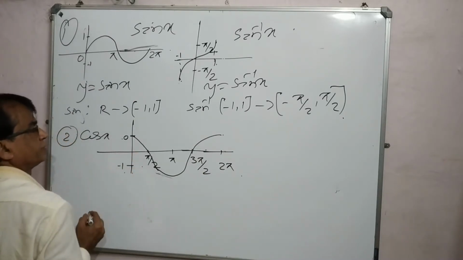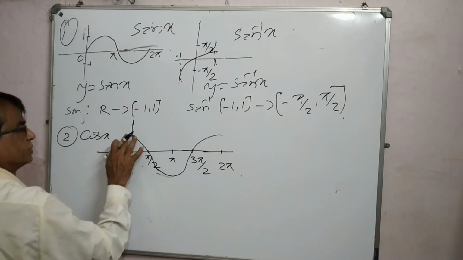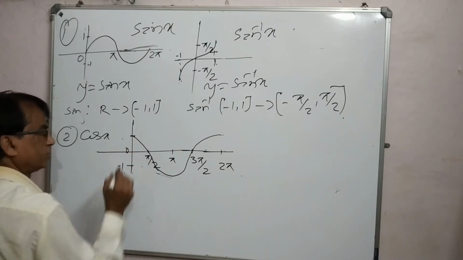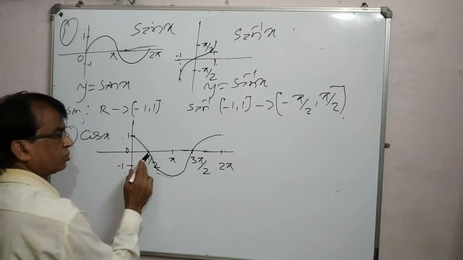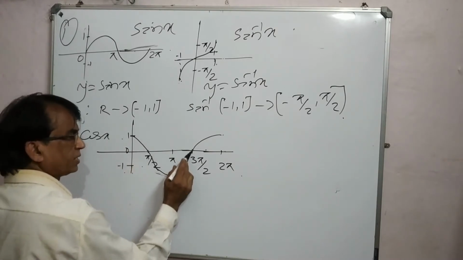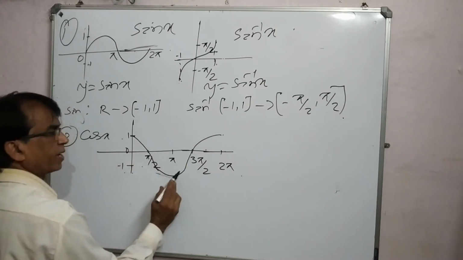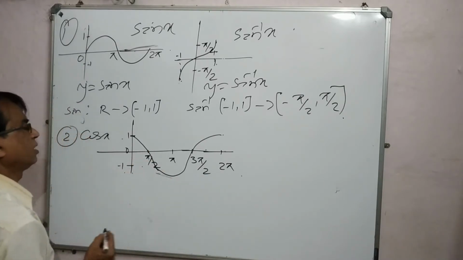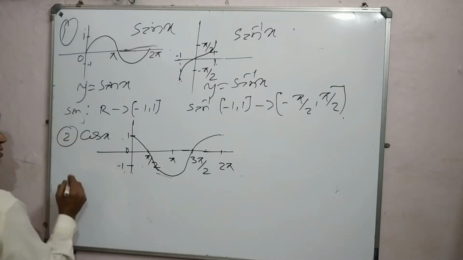Cos 0 is 1, cos pi by 2 is 0, cos 3 pi by 2 is 0 and cos pi is -1 and cos 2 pi is 1. This is the graph of cos x.